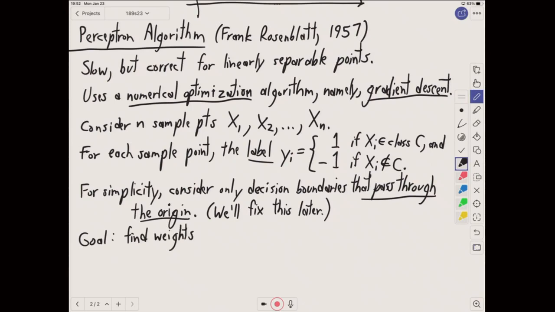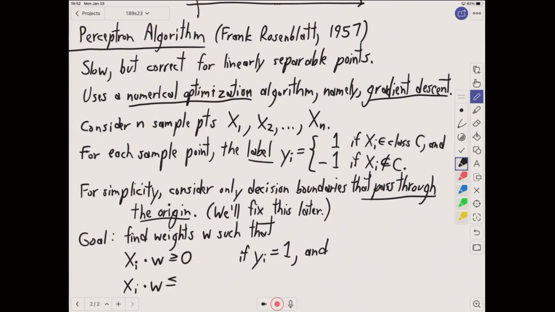The weight vector w such that for sample point xi, its inner product with the weight vector w is positive, or at least not negative, if it has a label of 1, if it is in class C. And we want that if sample point xi is not in class C, then its inner product with w will be less than or equal to 0.